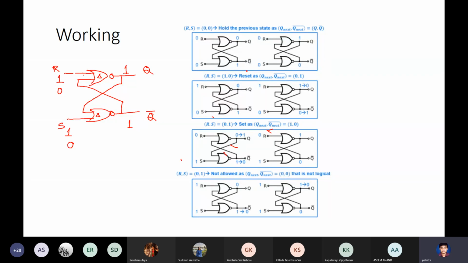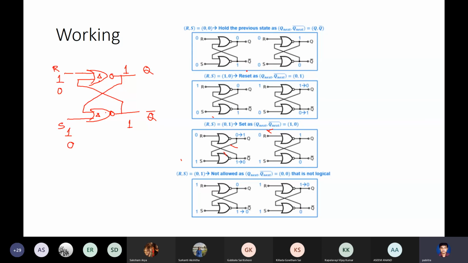If this is 1, this is a NOR gate, so this will be 0, and if this is already 1, the output is already 1, so this will be 0, so 0 and 1, so this will stay the same. But suppose one of the gates is slightly faster than the other, then what will happen?